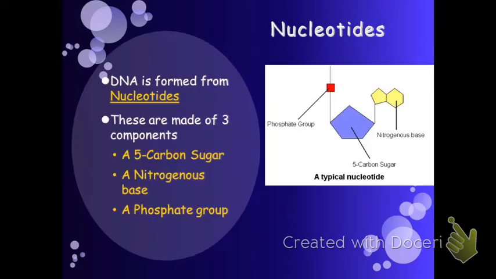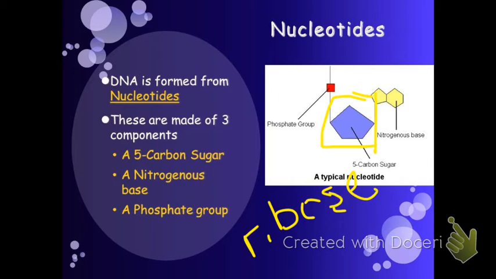So both of these are made of nucleotides. You have a 5-carbon sugar, and that's going to be either your deoxyribose or your ribose. Ribose is a type of sugar.